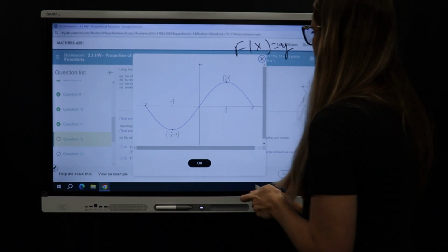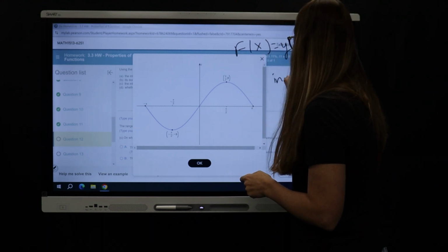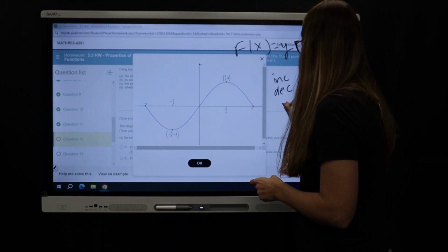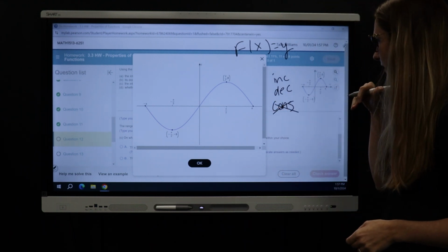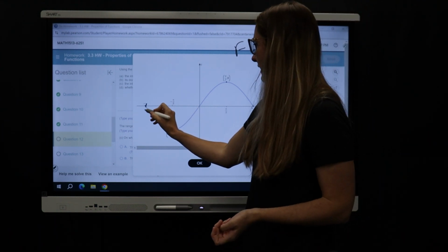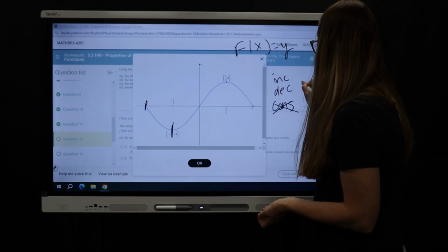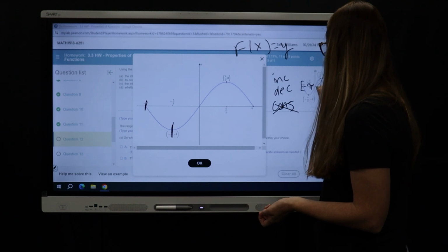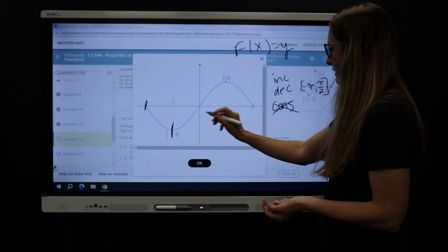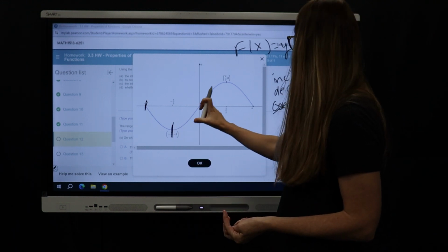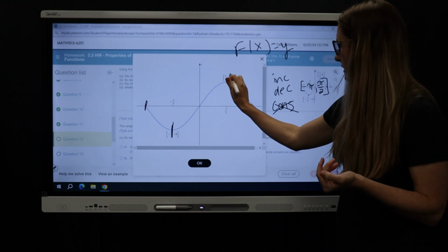Decreasing and increasing. So the first one they ask about, I'm just going to write up here, increasing, decreasing, constant. There's no constant. It's not flat anywhere. So from negative pi to negative pi over 2, that's down. So that's going to go here. Then it changes directions, and from negative pi over 2 to positive pi over 2, it is increasing.